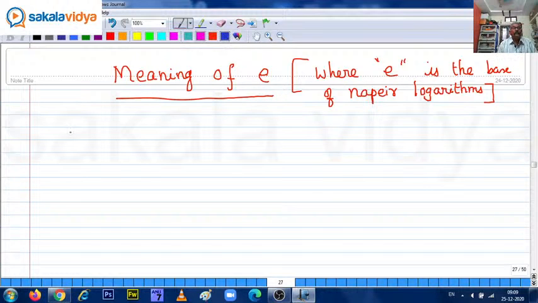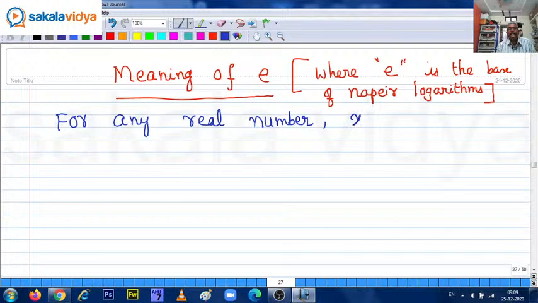For any real number x belonging to R, that means the real number system, e raised to x is called the exponential function.